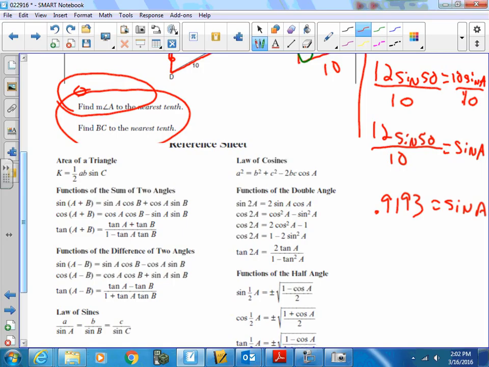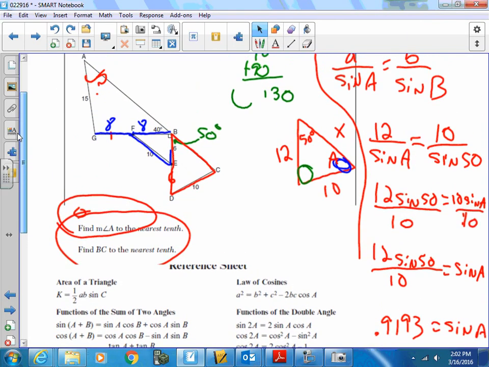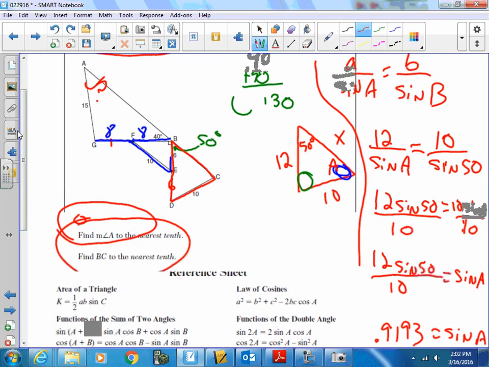So if I want to find A, I have to do sine inverse of 0.9193 is equal to A. Once you do that, you end up with A is equal to 66.8 degrees. So now I know that angle measure, and I can put that in: that's 66.8.